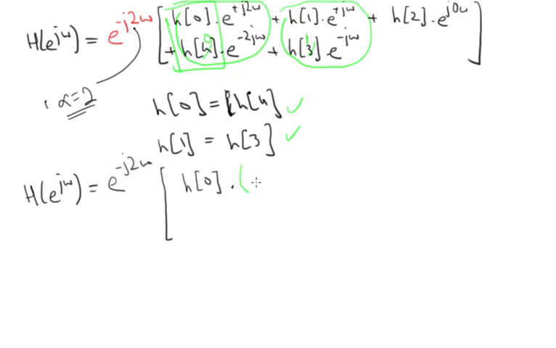What you will get is e raised to power j2 omega plus e raised to power minus j2 omega. Similarly, for h of 1, for these terms you will have e raised to power j omega plus e raised to power minus j omega, and here you have h2 into e raised to power 0.